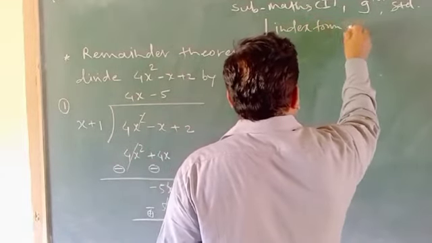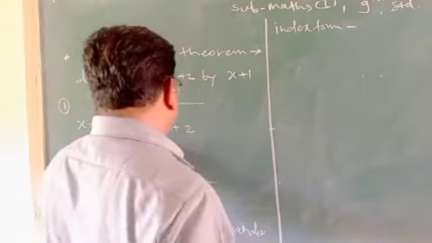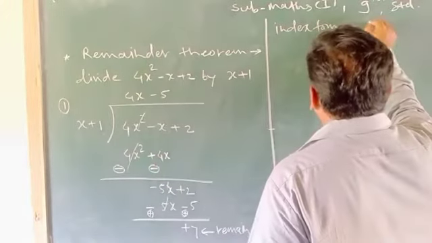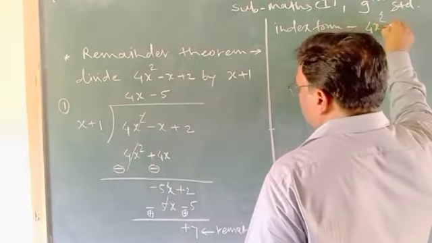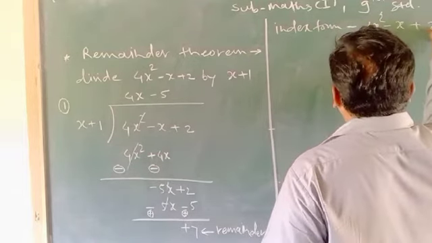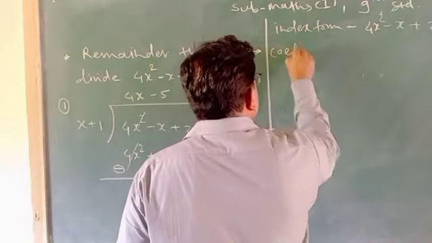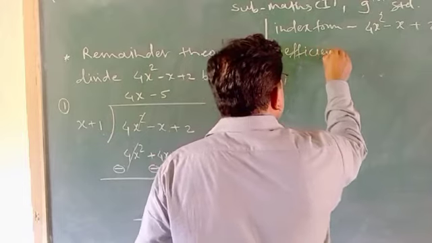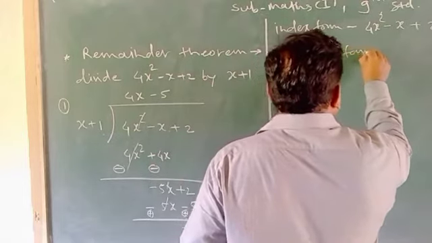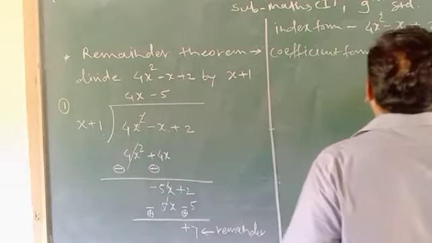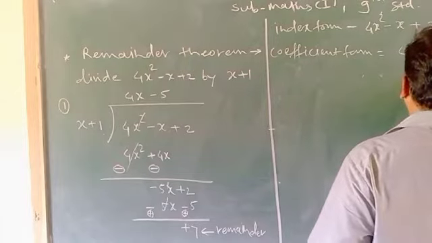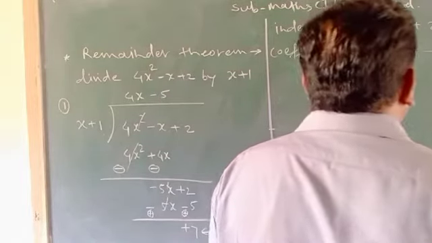Index form of the dividend is 4x square minus x plus 2, coefficient form: 4, minus 1, plus 2.